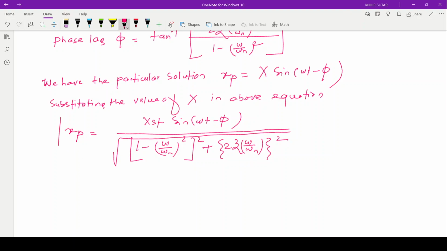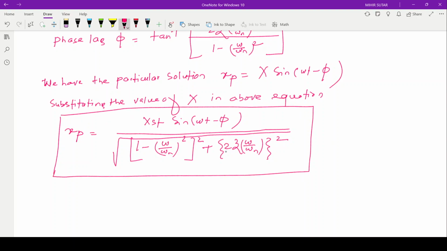Okay, so this is the particular solution.